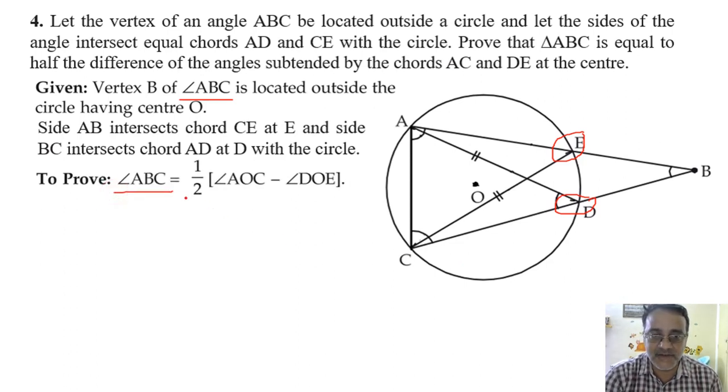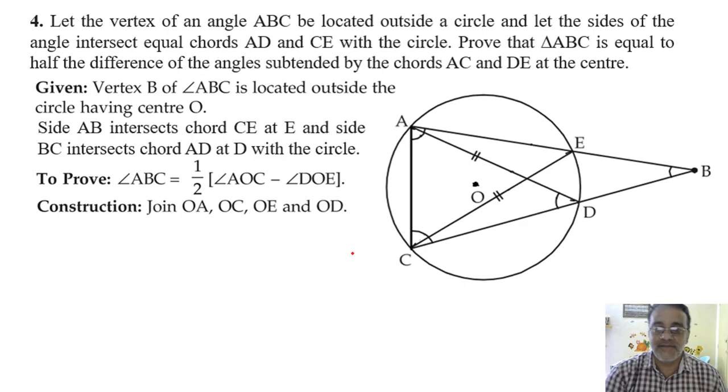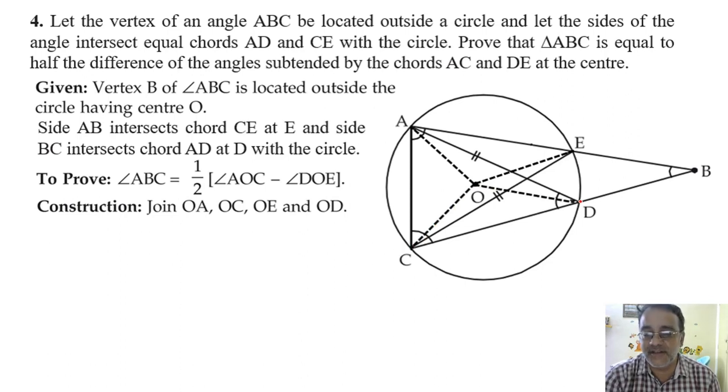Angle ABC is equal to half of angle AOC minus angle DOE. So for this we have to do one construction. We have to join OA, OC, OE and OD. Okay, एक एक करके join कर रहे हैं, ध्यान से देखो. Last OD join कर लेते हैं. Right, is the construction clear?